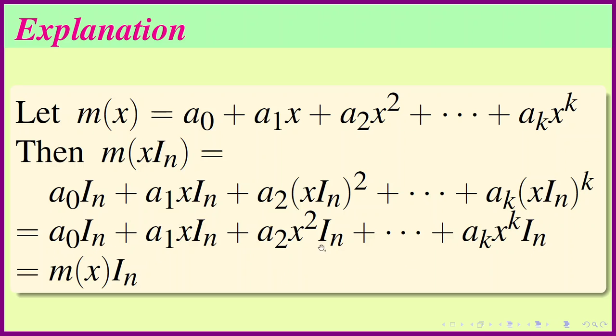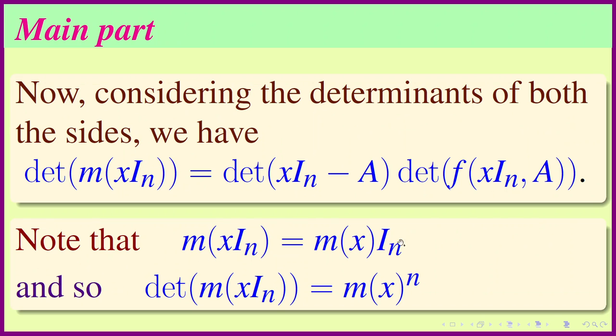So take In as a common factor. What remains is a0 plus a1x plus a2x squared plus up to akx to the power k, times In, and this part is M(x) only. So M(XIn) is equal to M(x) times In. That explains the equality.